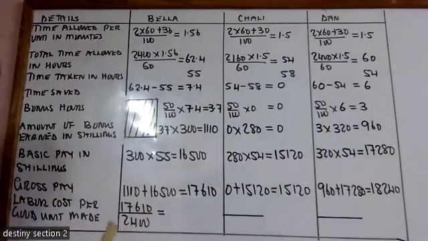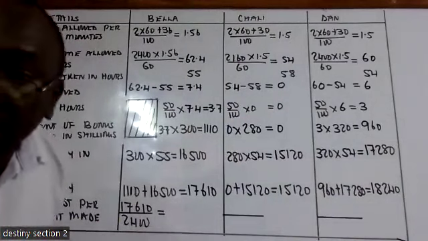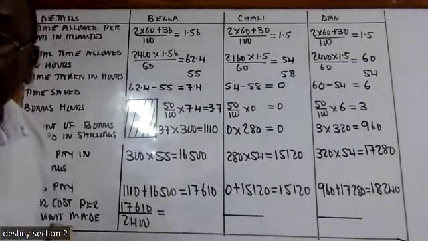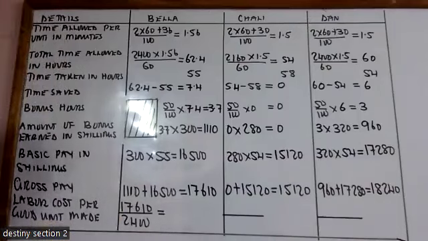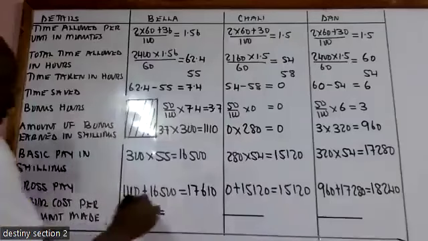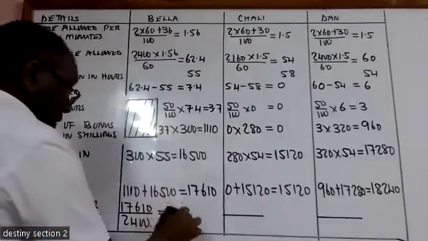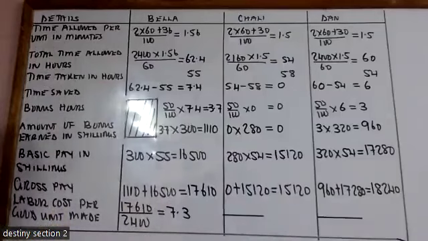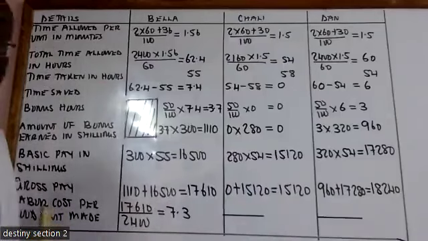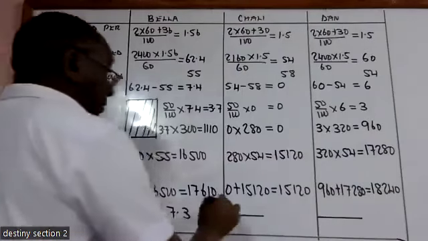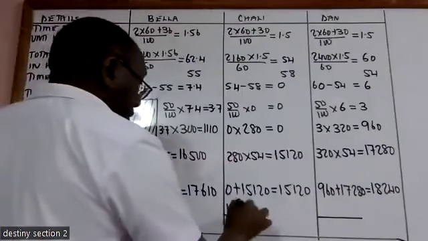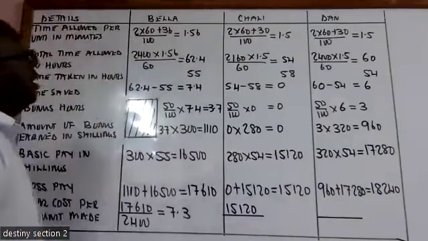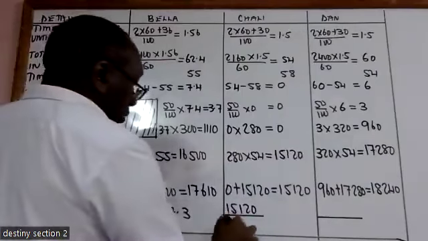So tell me, Vera is saying 7.3. Okay. Then tukikuja hapa tutasema ni 15,120 and the good units are 2160.